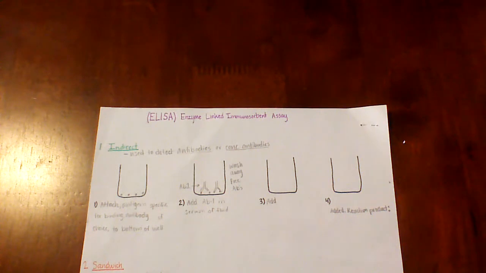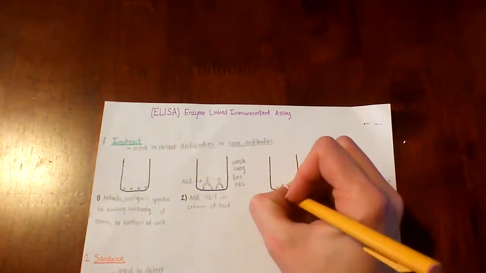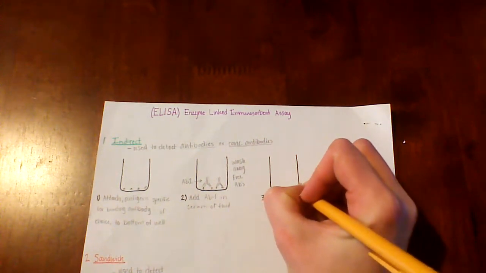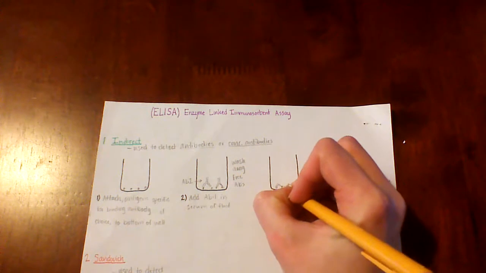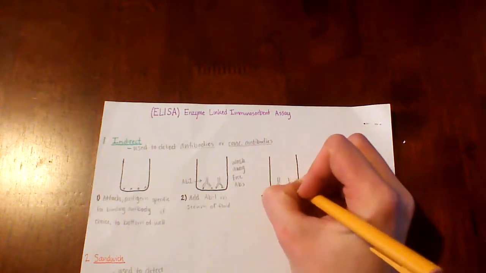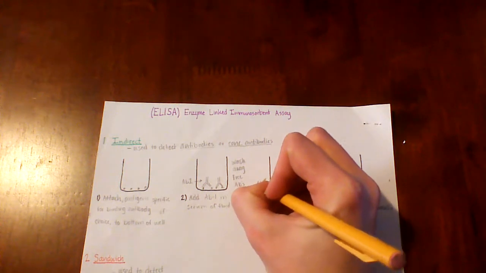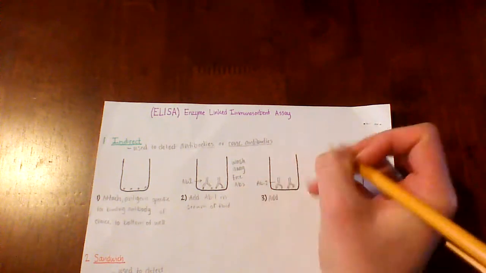So for the third step, the antibody 2, a secondary antibody that has an enzyme bound to it, is added to the serum, and the antibody 2 binds to the primary antibody. So there's the primary antibody.